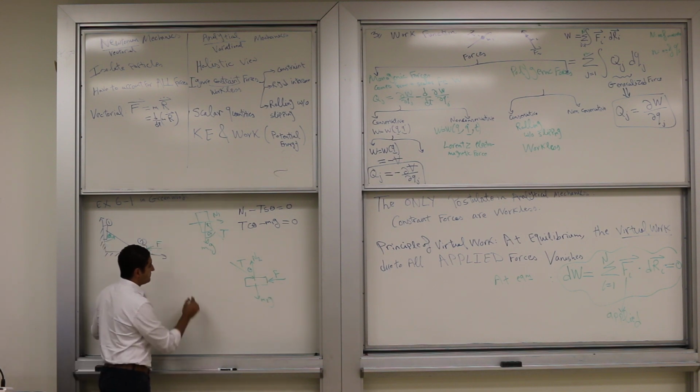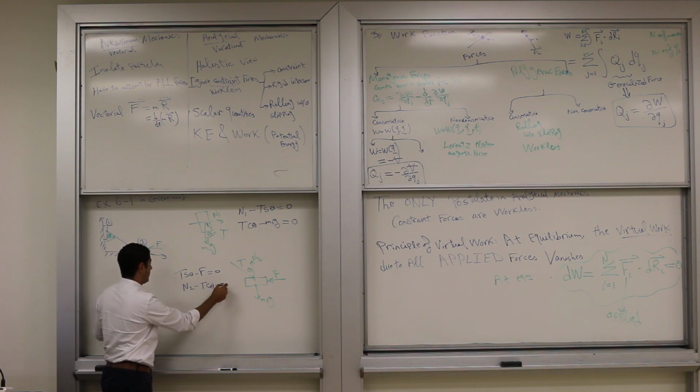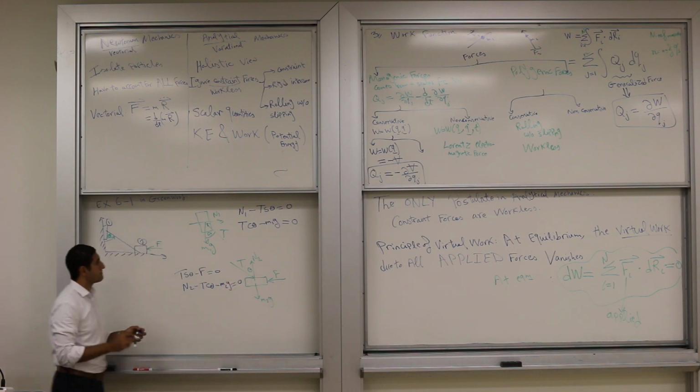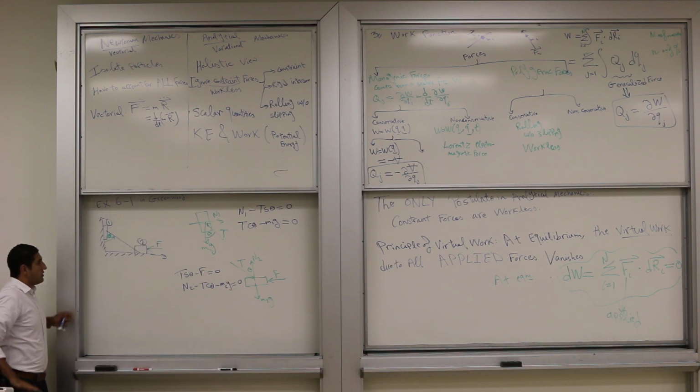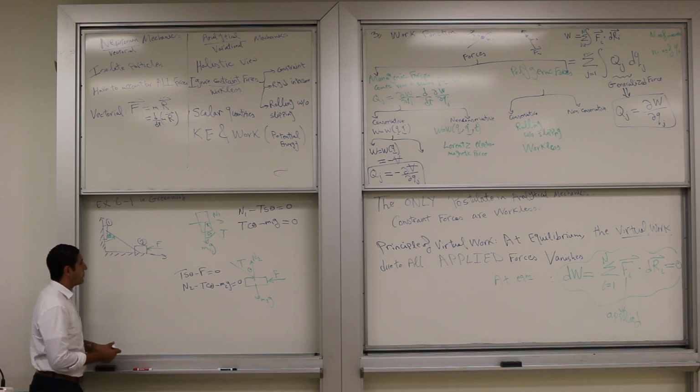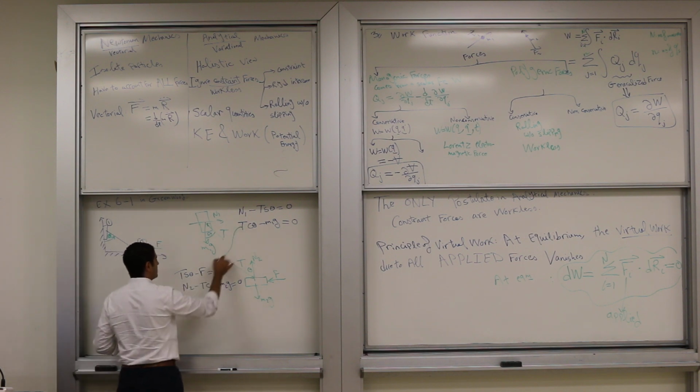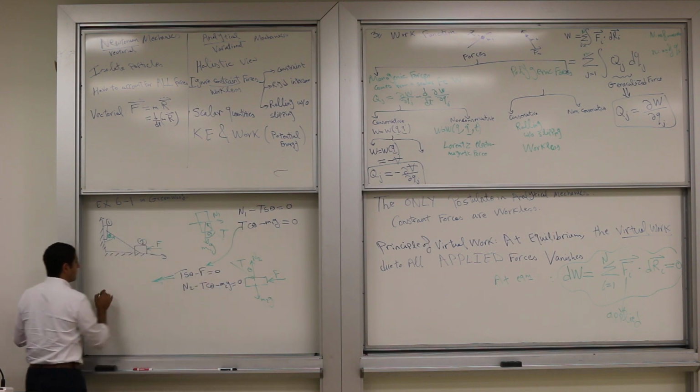In the x direction, we have T sine theta minus F equals 0, and we have N2 minus T cosine theta minus M2G equals 0, right? So, if you need the force, please get T from here, substitute it there to get the force.